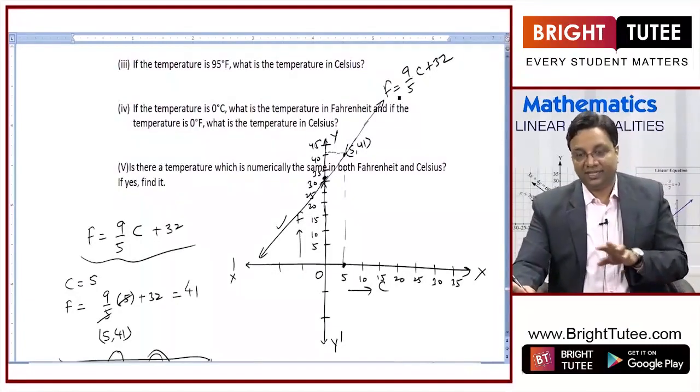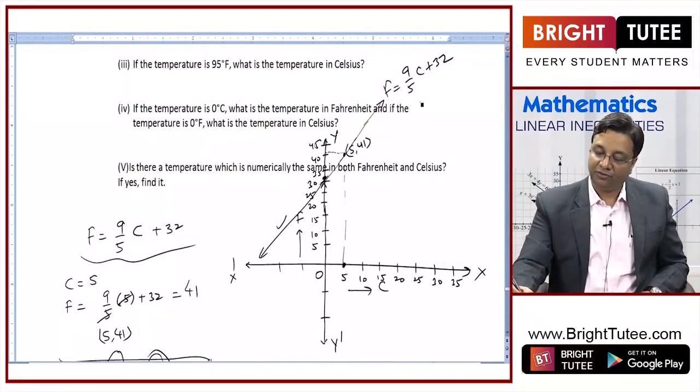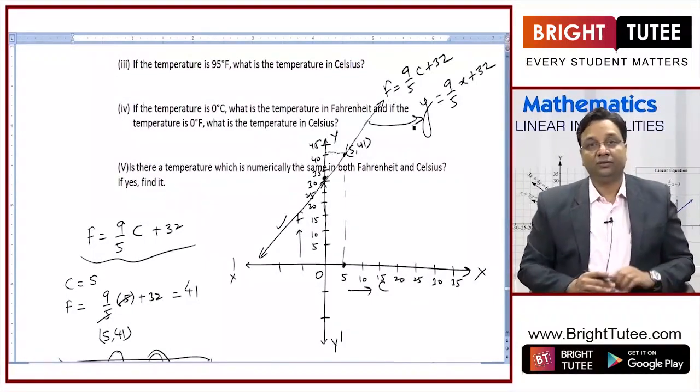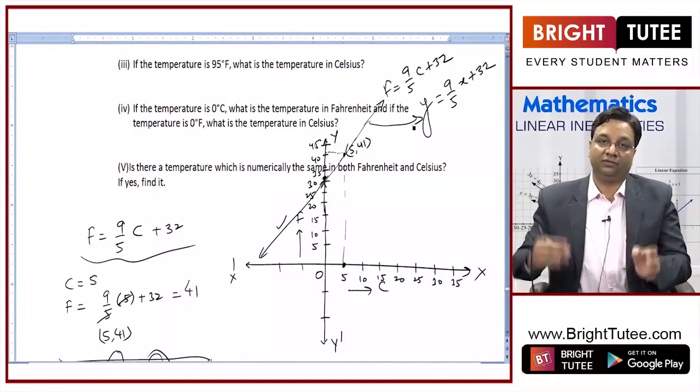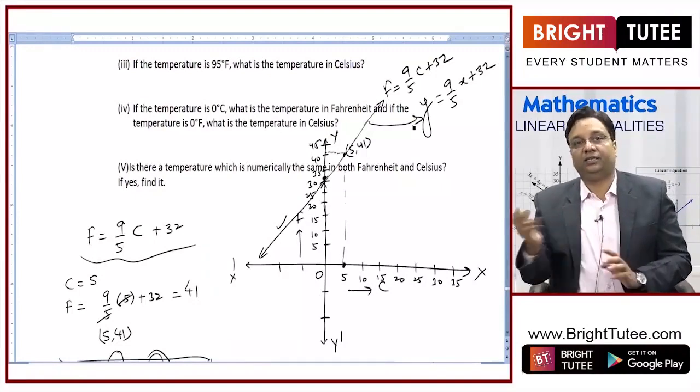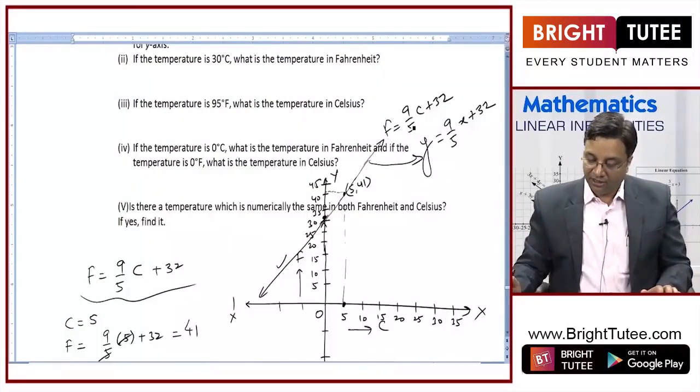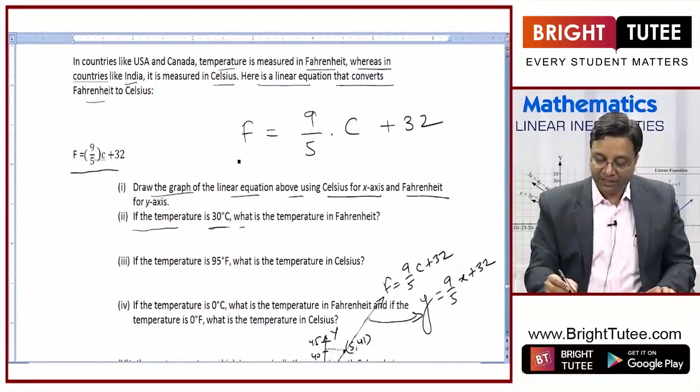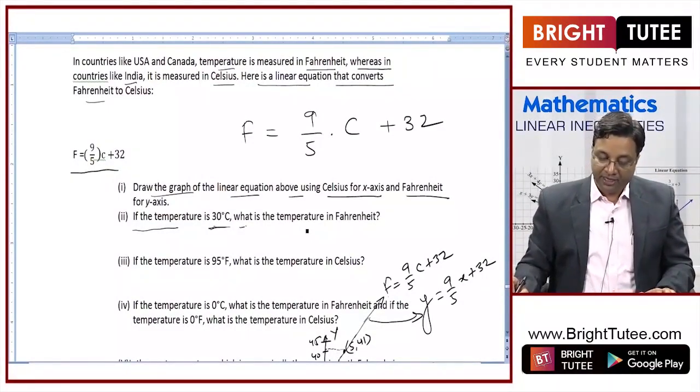Or in terms of x and y, F I have taken on y-axis, so I can write y equal to 9 by 5 x plus 32. So this will be the equation for this conversion of Celsius into Fahrenheit and Fahrenheit into Celsius. This is the graph, right? If the temperature is 30 Celsius, then what is the temperature in Fahrenheit?